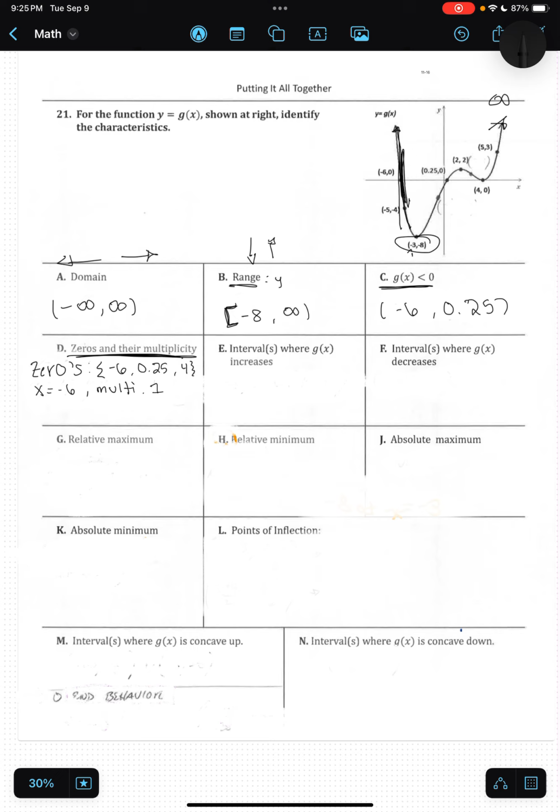Now we move on to x equals 0.25. Its multiplicity is also 1 because it's crossing. It's not stopping, it's crossing. At x equals 4, that's where we begin to see that bounce I was talking about. Since our graph is going down, up, it's stopping at that point, but it's going down once. And then when it starts back up, it's at that point again, which means it has a multiplicity of 2.